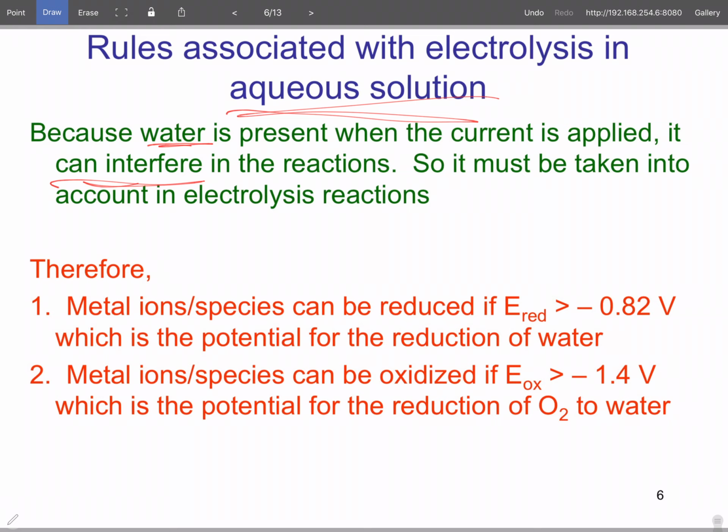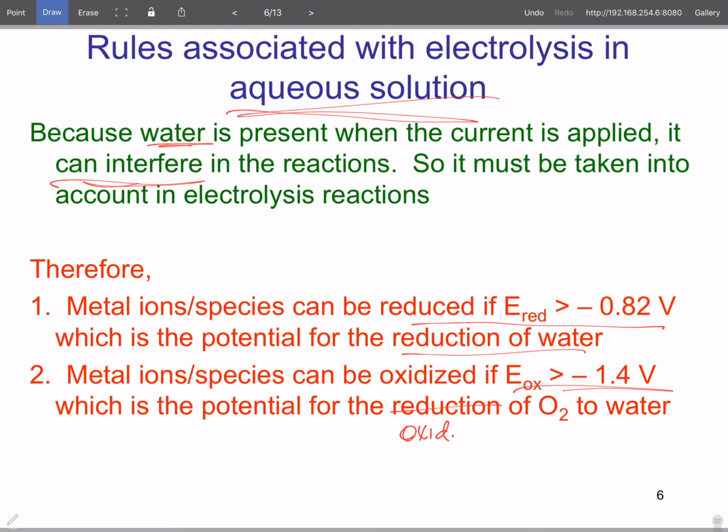So metals can be reduced if E-red is greater than negative 0.82 because that's the reduction of water. And then oxidation, and this is the oxidation of oxygen.